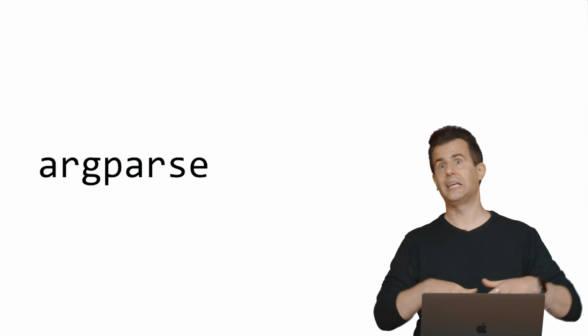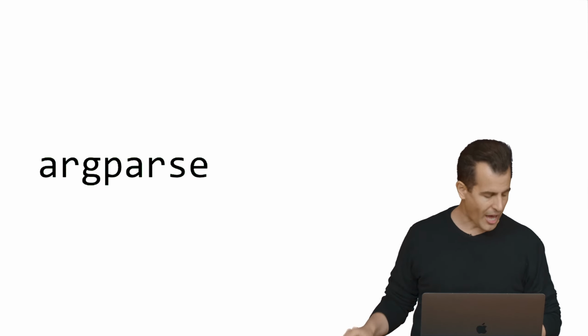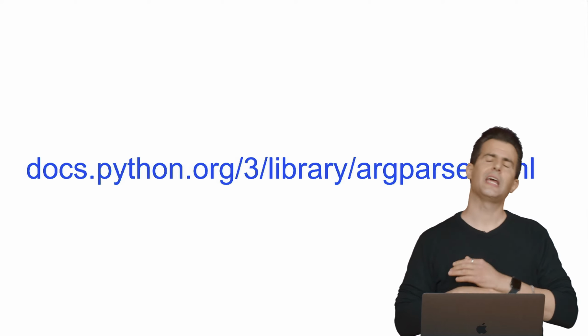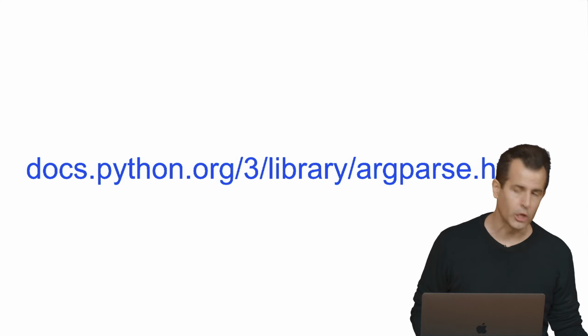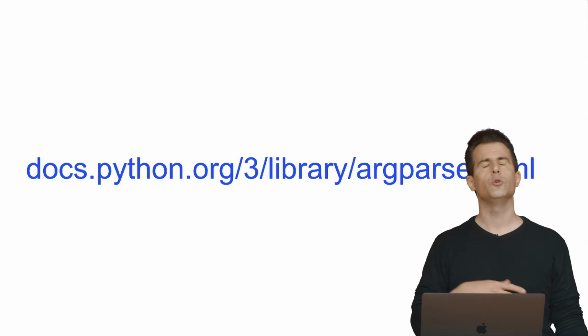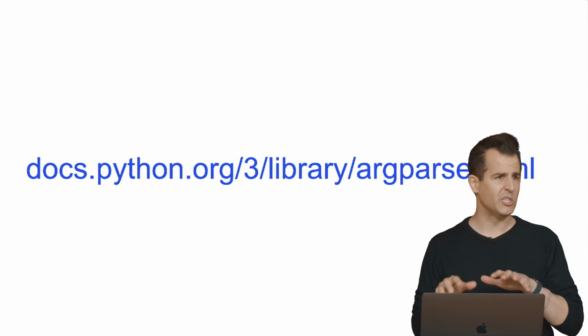And by supporting things like dash n or dash a or dash b or dash c, argparse is a library that, per its documentation, just handles all of this parsing, so to speak, this analysis of command line arguments for you automatically, so you can focus on writing the interesting parts of your program, not the command line arguments part.